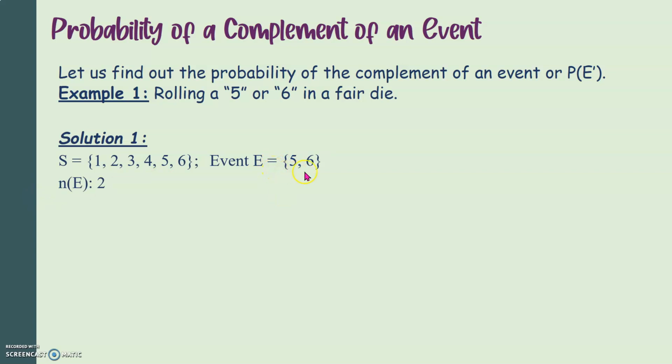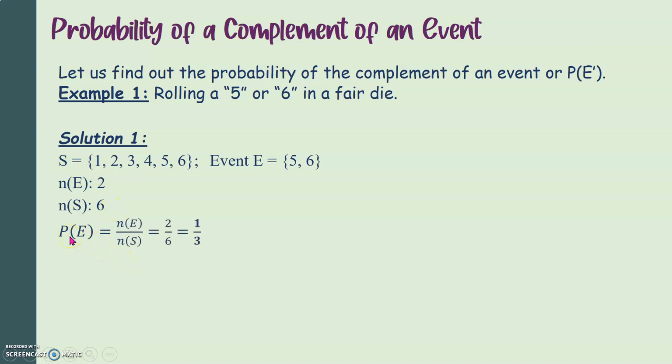Counting the number of desired outcomes, which is 5 and 6, the number of our desired outcomes is 2. And the total number of possible outcomes is 6.